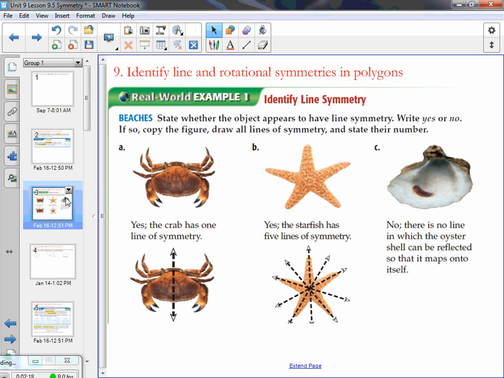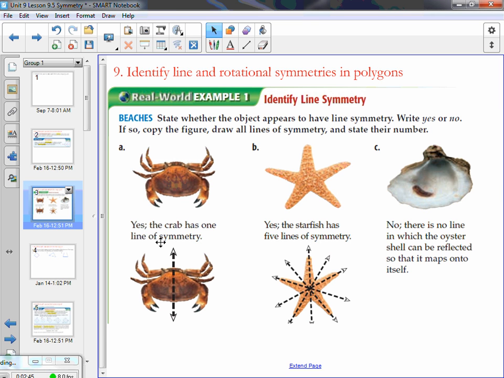Well, let's take a look at some examples. And these are real world examples, by the way. That's pretty fancy. If we look at this crab for example A, let's read the directions. State whether the object appears to have line symmetry. Write yes or no, and if so, copy the figure, draw all lines of symmetry, and state their number. I won't make you copy this down, but let's just look up here at the screen.